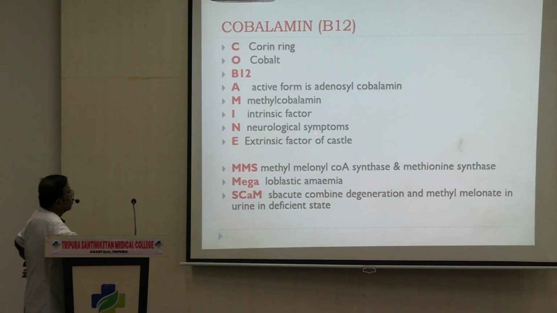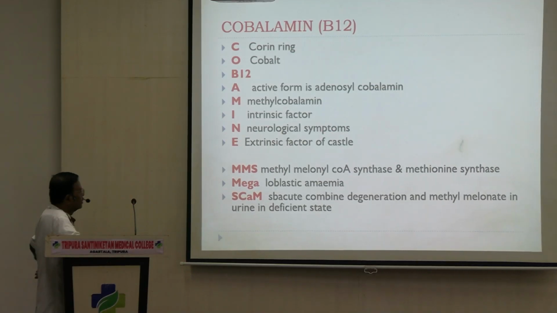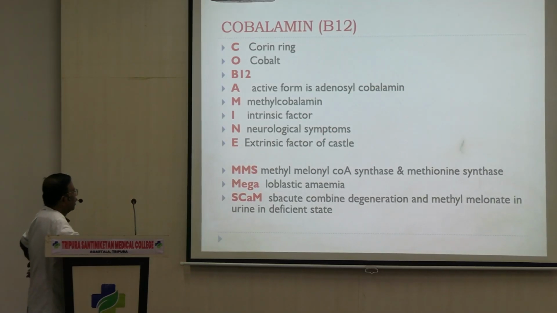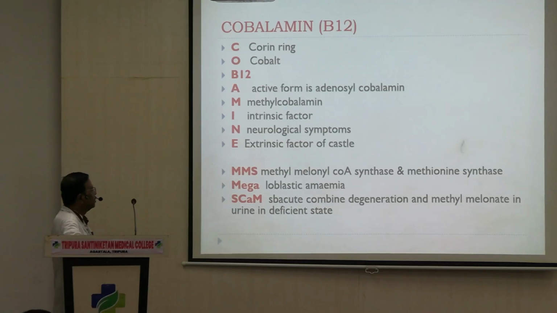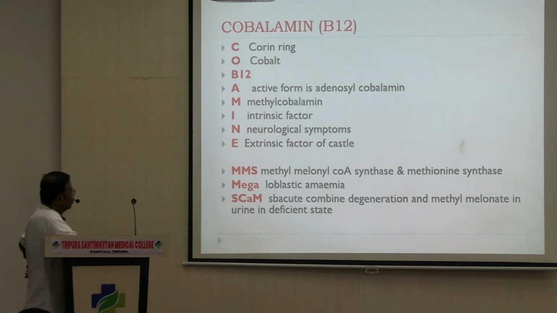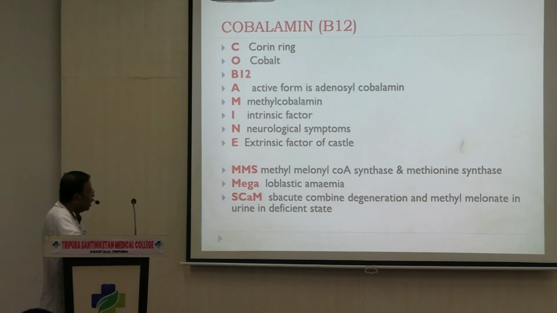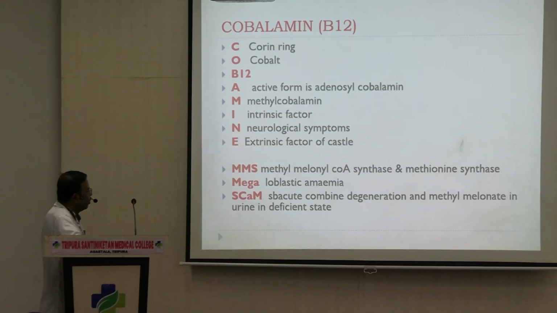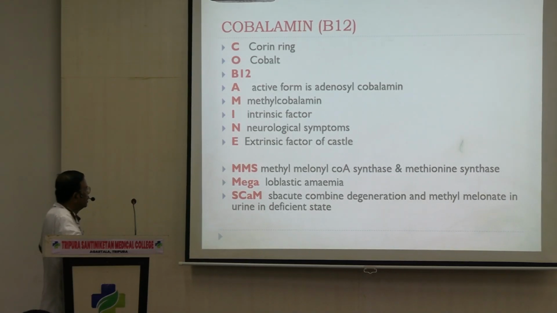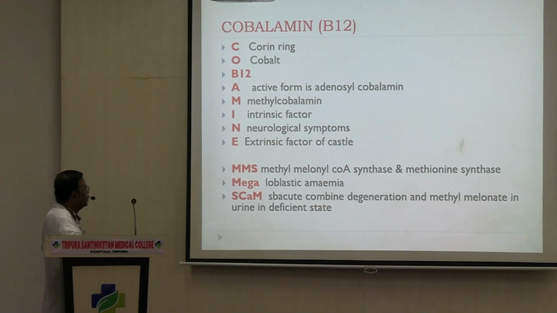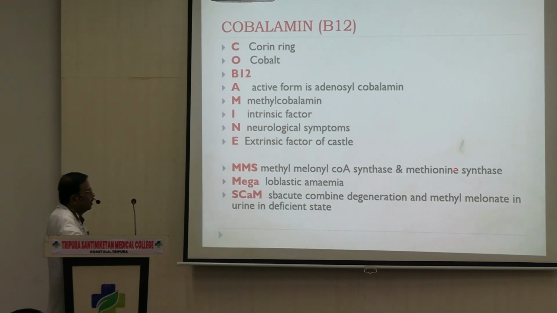Then neurological symptoms occur due to its deficiency. It is also called extrinsic factor of Castle. MMM is the reaction which it catalyzes, the enzyme of the reaction where vitamin B12 is required. It is methylmalonyl CoA mutase, and MS means methionine synthase.